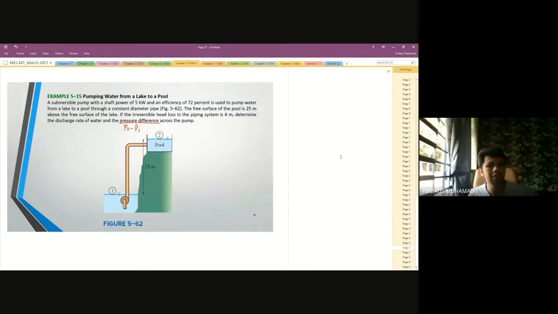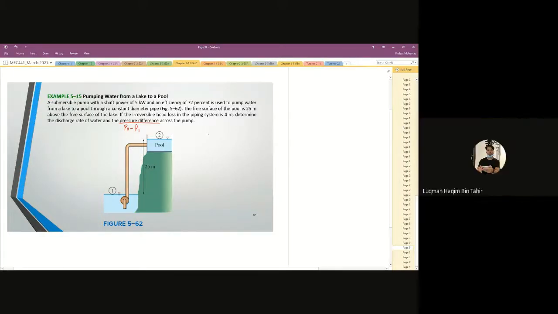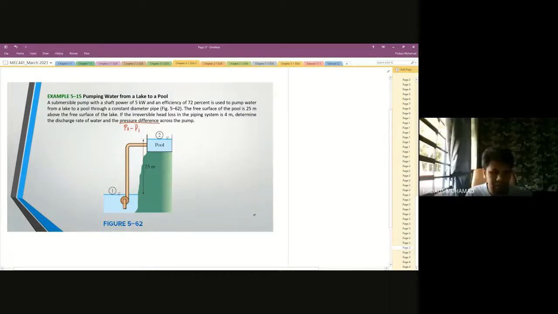Okay, so maknanya dia ada submersible pump. Submersible pump ni apa? Pump yang diletak dalam air. Dia submerge lah. Dia memang dekat dalam air. Banyak kita guna submersible pump ni. We have shaft power.